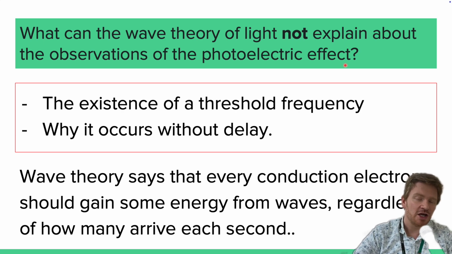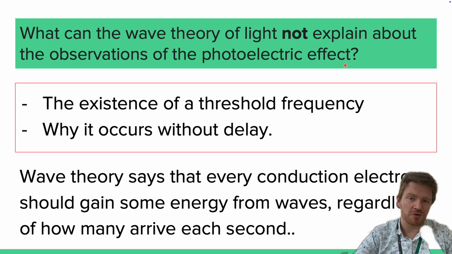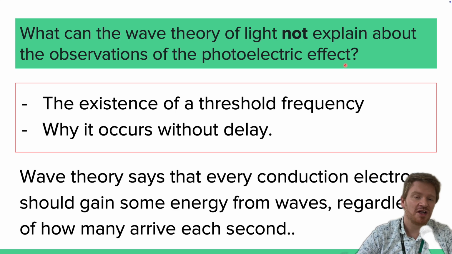And particularly, we shouldn't see it happening above a certain frequency. We should see that after a certain amount of time, each electron will have gathered enough energy and then it can get free, because that's the way that waves work.